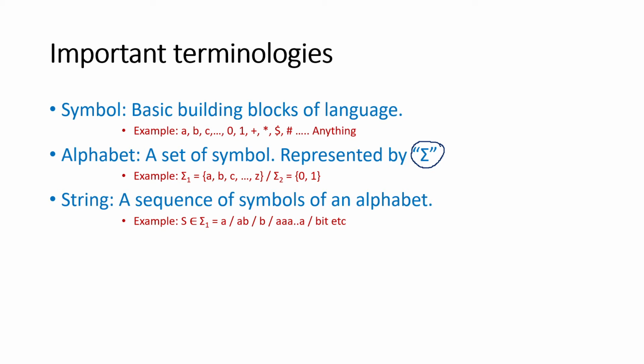What is a string? A sequence of symbols of an alphabet. That means if I consider English language, I know that the alphabet of English language is A to Z. Now a string can be A B C D, a string can be A B C D A B A, a string can be all A's or all B's or all C's, something like that.